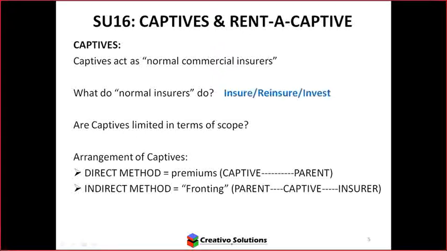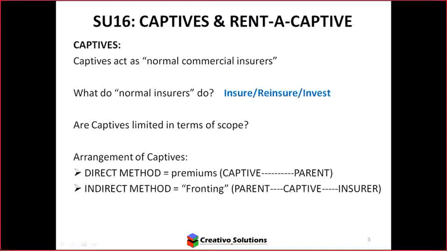And they also need to invest it, right? Yes. So invest, insure, reinsure. Those are all the things that they do. So what are captives going to have to do? The same thing. Are captives limited in terms of scope?